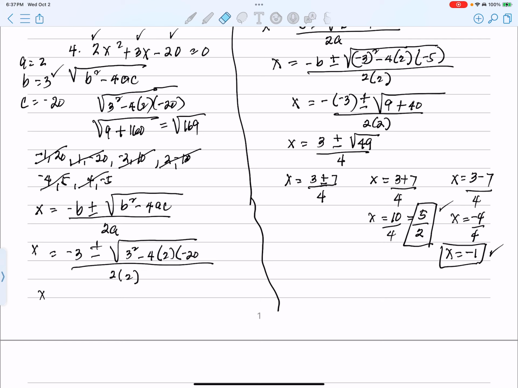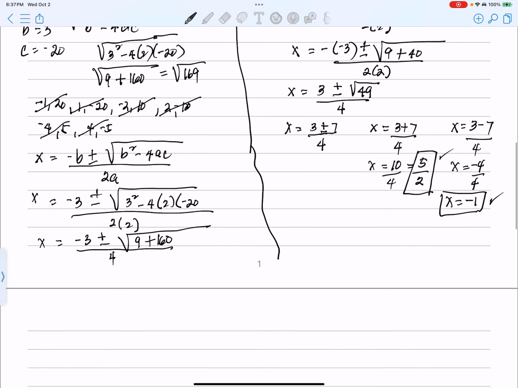It's just an x. x is equal to negative 3 plus and minus, that's 9, 4 times 2 times negative 20, that is 160, over 4. Okay.